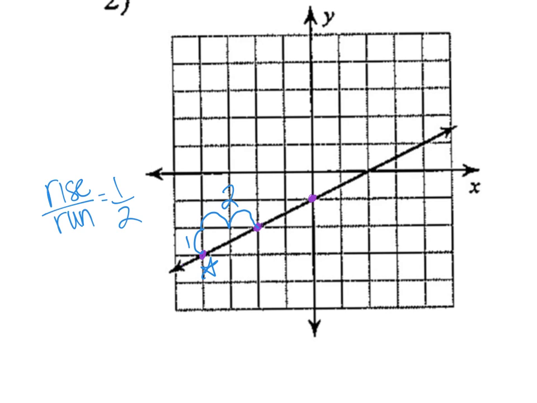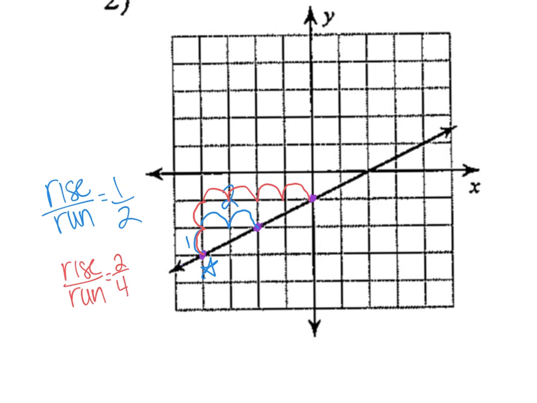Now, let's say someone was like, but I want to go to the third one. Okay, that's fine. Watch this. Red. 1, 2. Over. 1, 2, 3, 4.